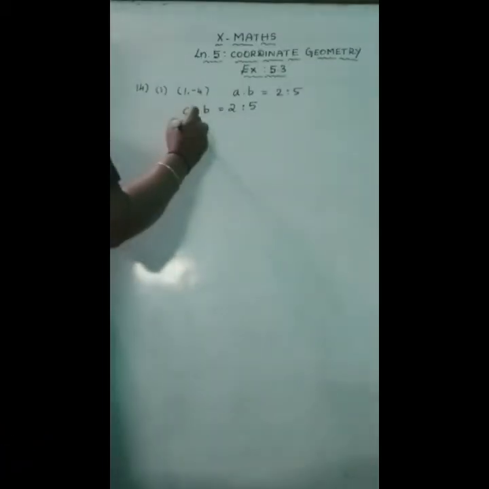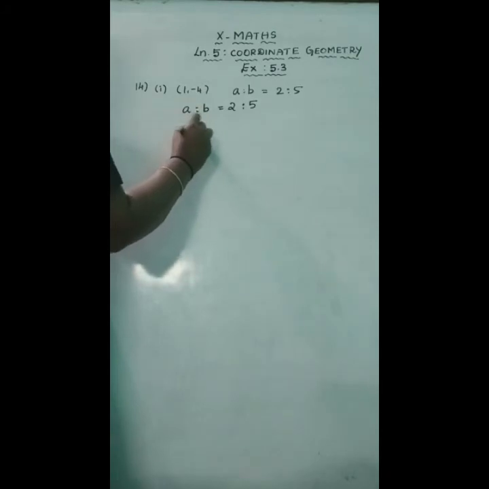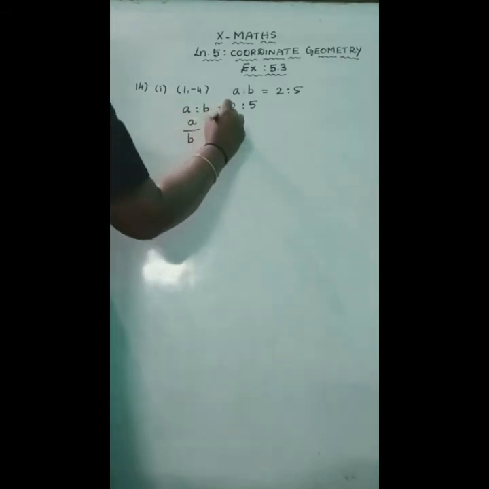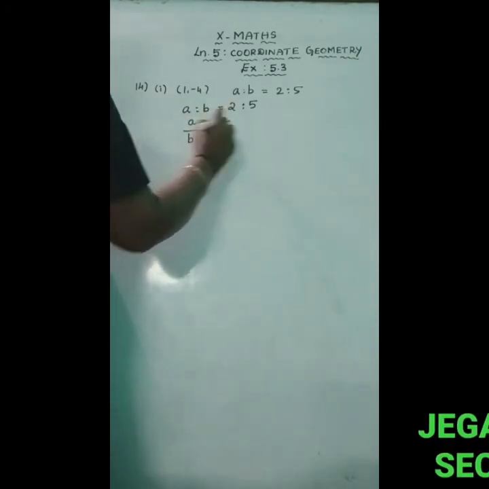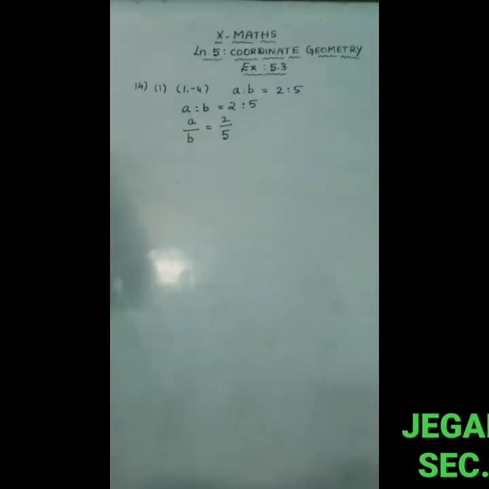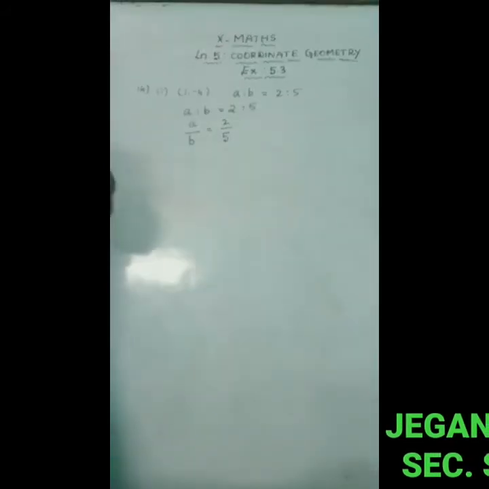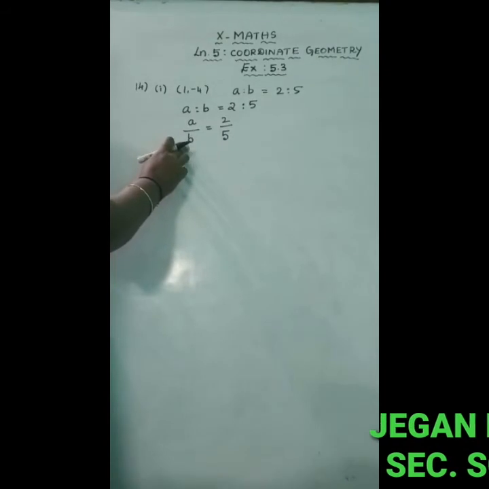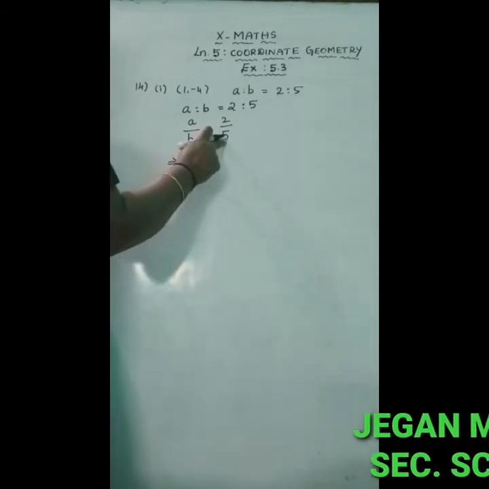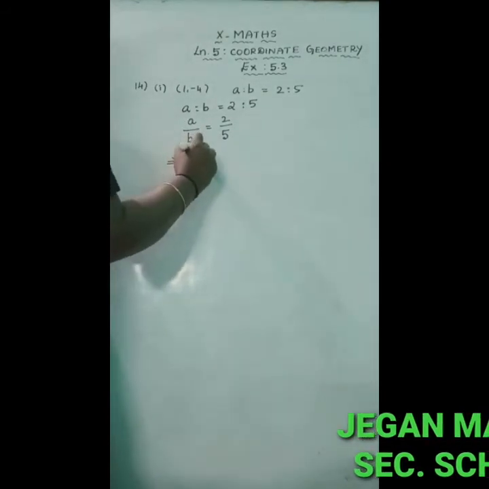So here we change the ratio into the divided form: a divided by b is equal to 2 divided by 5. So we find the b value, that is b equal to 5a divided by 2.